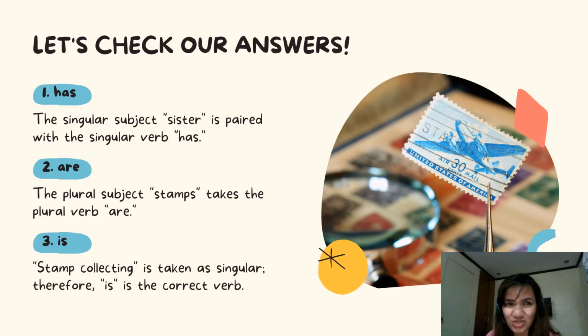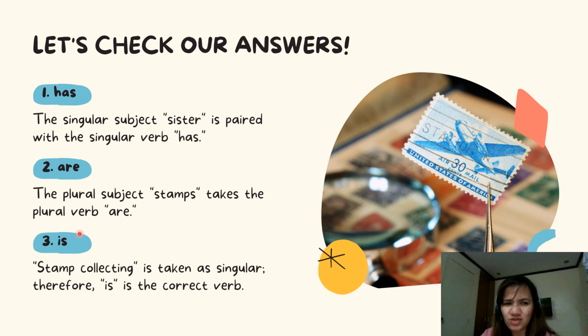Okay, let's check your answer. For number 1, the singular subject, sister, is paired with the singular verb has. I told you, if your subject is singular, therefore, you will use a singular verb.